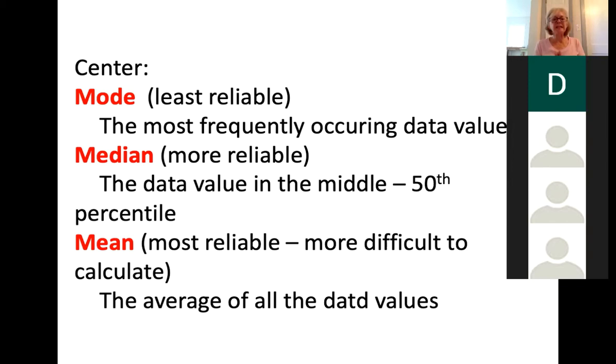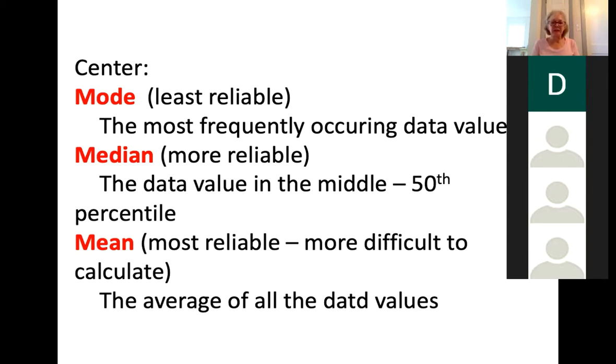The most naive way of measuring the center is the data value that occurs most often. For example, I graded an exam, and the value that occurred most often was 85. More people got 85 on their exam than any other value.